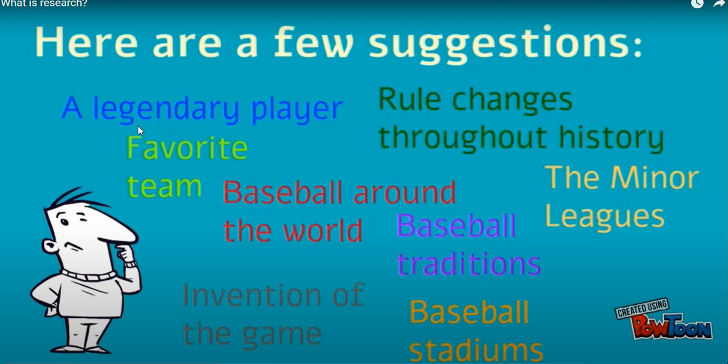For this example, this guy is interested in baseball. There are many things to study about baseball: the player, the team, the game, the rules, and many more. You need to focus on only one thing. If you can see here, for example, there are 8 suggestions, and you can only choose one.